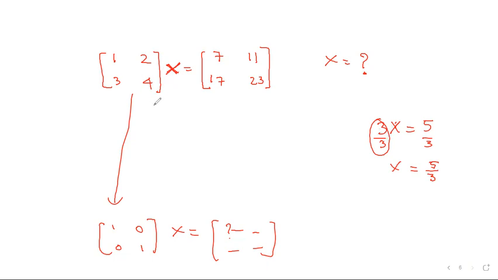So I can't divide. What I'm going to do is convert this matrix into unit matrix by using row transformation, and automatically the right-hand side will give me the answer. Why did I use row transformation?